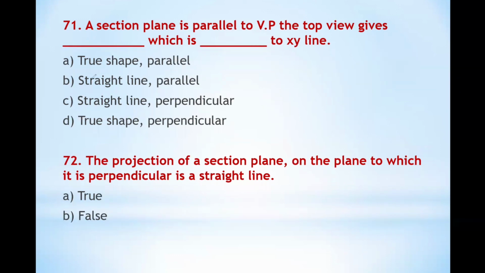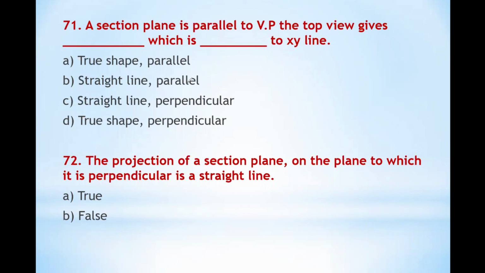So here, first we'll see true shape in parallel, so it will not be. Then straight line in the parallel. Okay, we'll see the remaining options also.